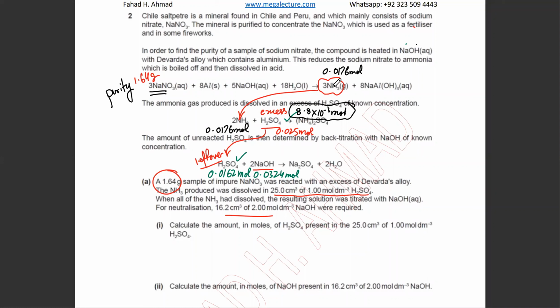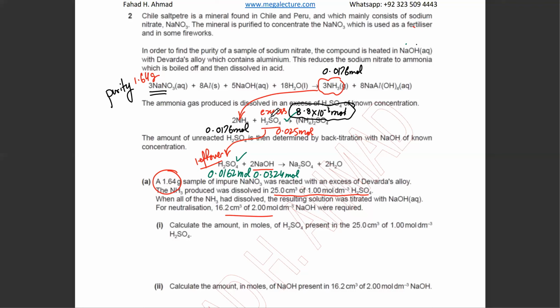Remember, the ratio in the equation is between the compounds in that equation, not with the other equation. Don't compare ratios of two separate equations, because this 3 has nothing to do with this 2. This 3 is a ratio with water, with NaOH, with Al, and with sodium nitrate, not with this thing. So just remember, all the ammonia that got produced over here was used up in this reaction.